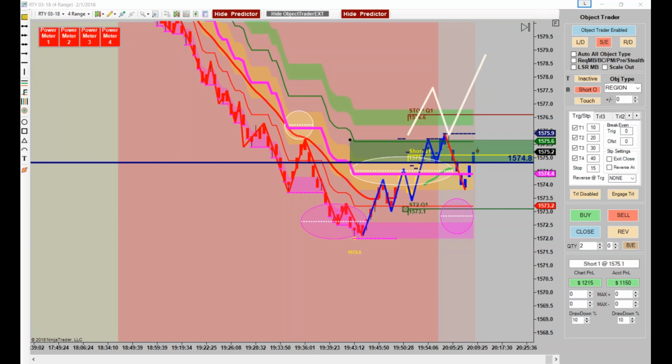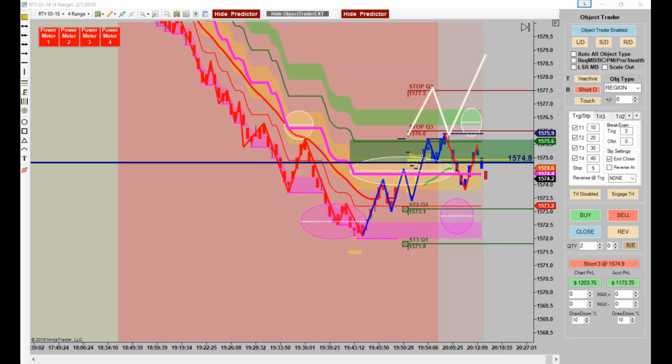See if we can get a little trade. Now remember, if this busts up, I'm going to go ahead and protect this though. I don't like that unless that actually holds. There we go. Just got 3.